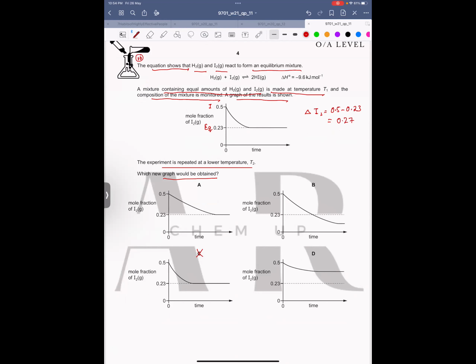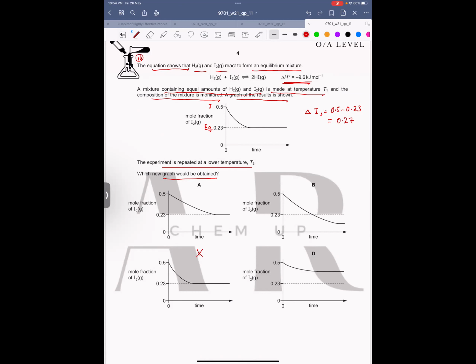And if you look at the reaction, the enthalpy change is exothermic, right? So remember, lowering the temperature shifts the equilibrium towards the endothermic side. And here in this case, the endothermic side is the product side. So more product would form at the lower temperature.